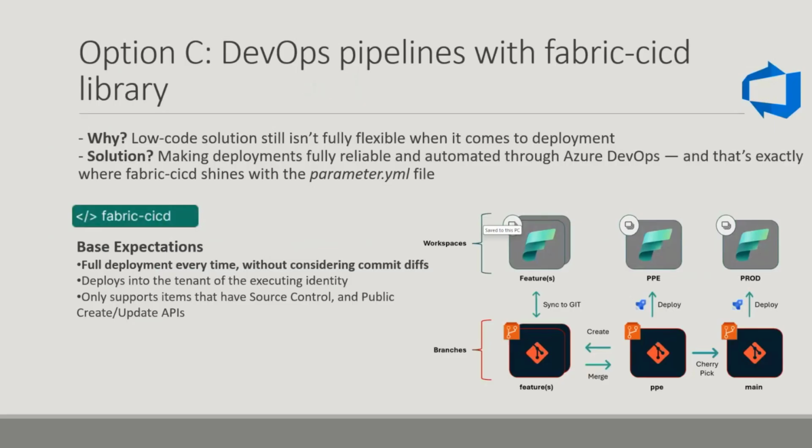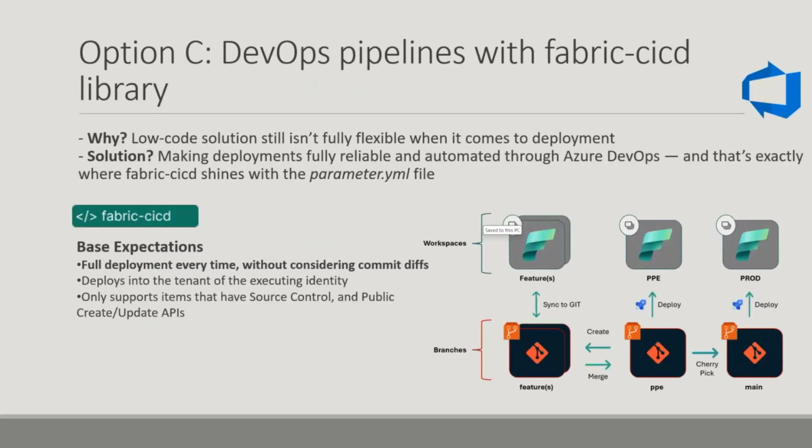2025, the Microsoft engineering team that is led by Jacob Knightley introduced Fabric CI/CD. So Fabric CI/CD is basically a Python library, and this Python library can be introduced in the Azure DevOps pipelines as well.